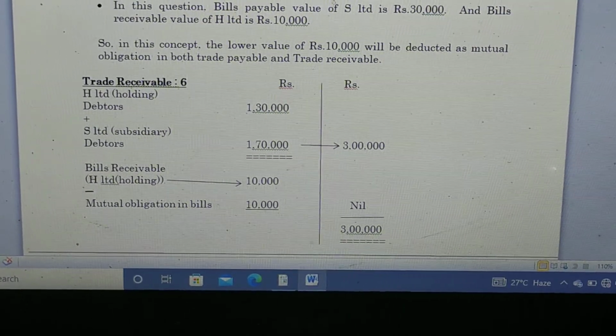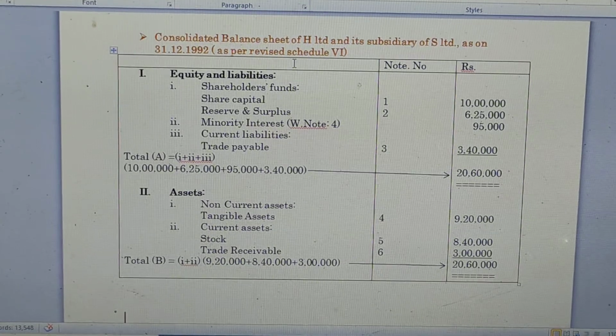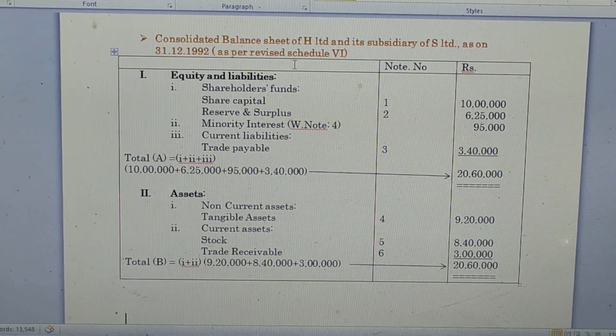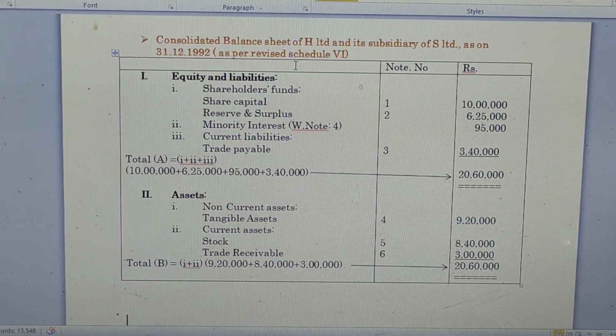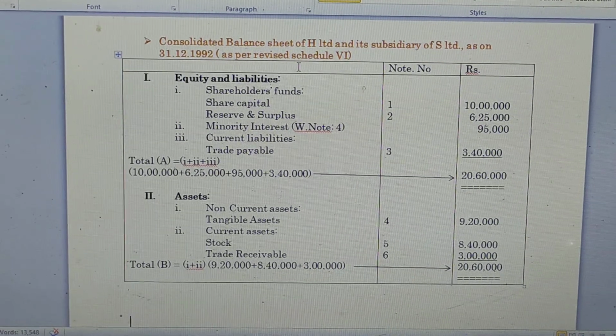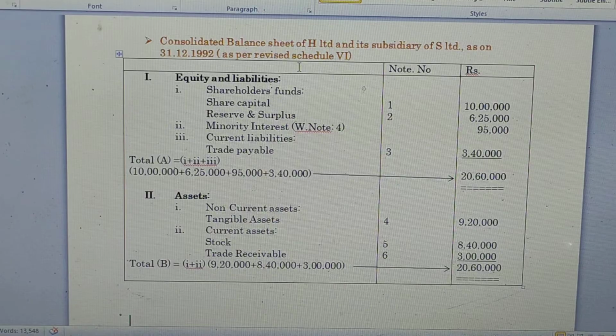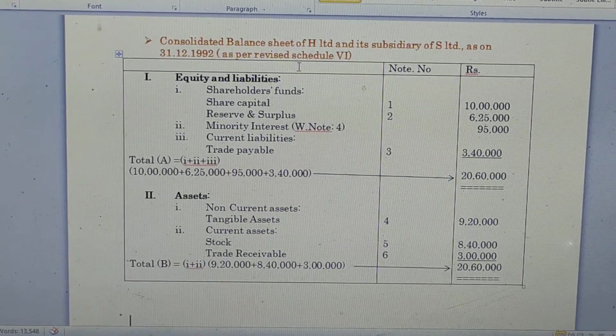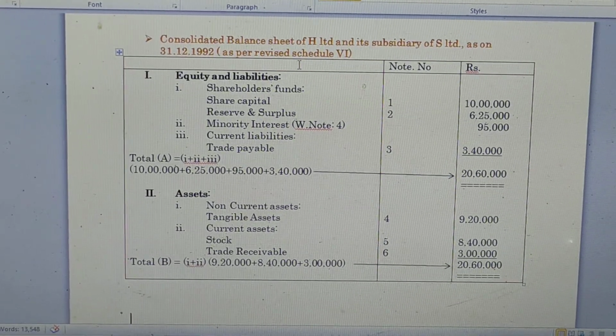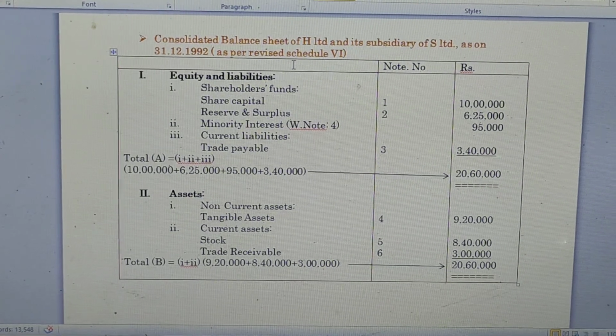Then we are going to calculate the consolidated balance sheet of H Limited and its subsidiary of S Limited as on 31st/12/1992 as per revised schedule 6. So first we have to mention equity and liabilities, that is Roman letter 1. Under the equity and liabilities we have to mention shareholders funds.